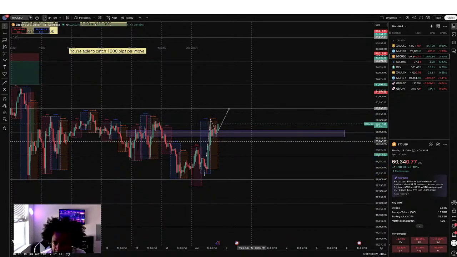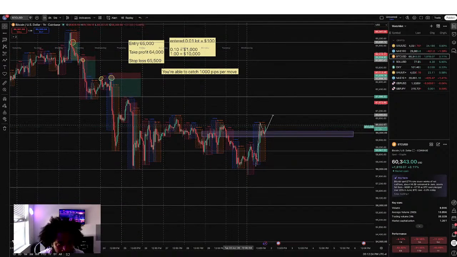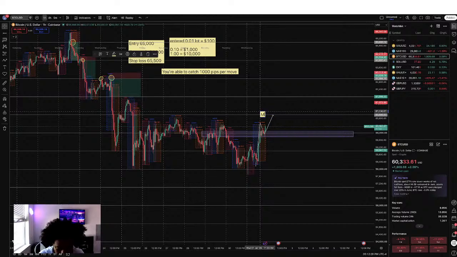So you can see the major levels. Major levels when trading Bitcoin are very important, right?